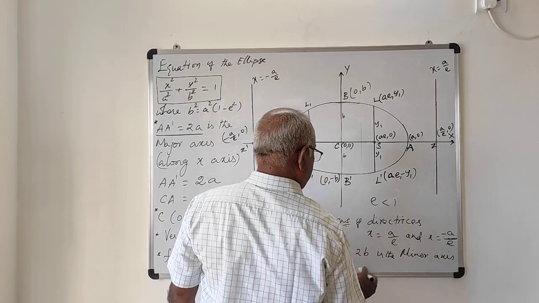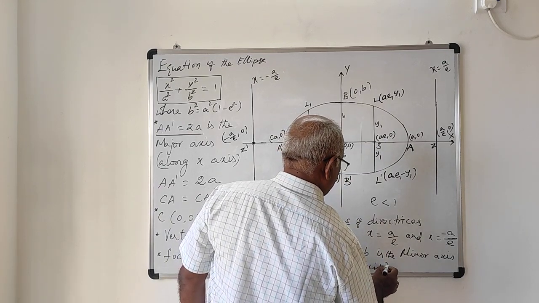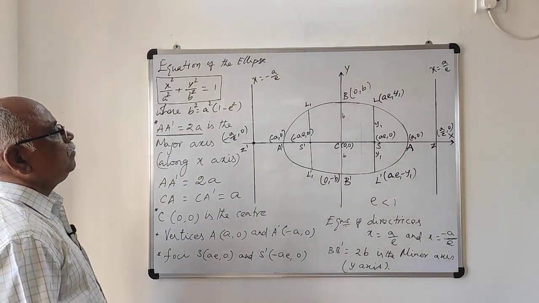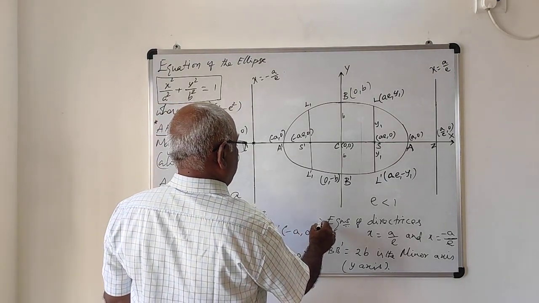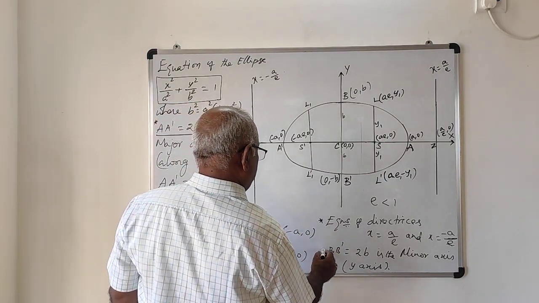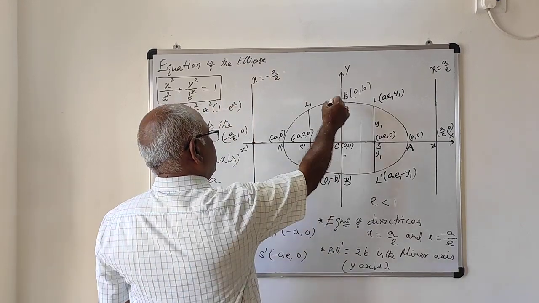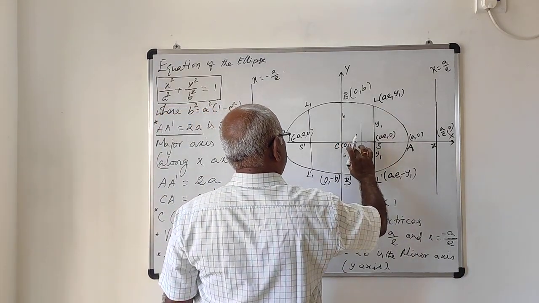Minor axis is the y-axis. So, equation of directrices we have seen, and the minor axis is B B dash. Therefore, CB and CB dash are each b.